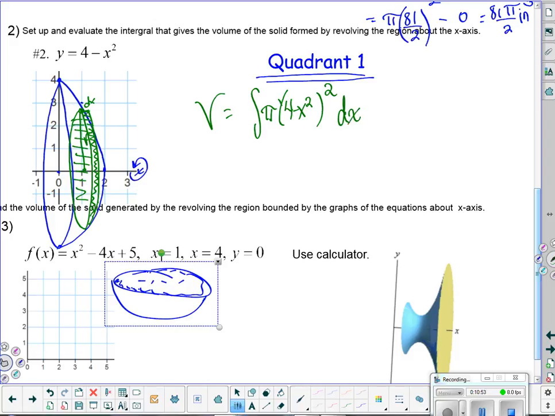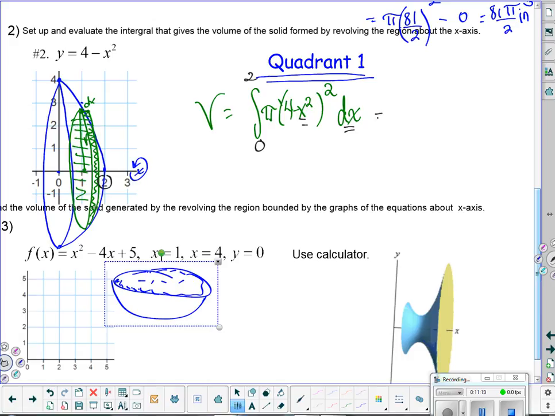If we have x's in our formula, what must the bounds correspond with? X's as well. So what do we want to integrate between? 0 and 2, right? It said quadrant 1, so we know we've got a vertical block at the y-axis, and then out to 2 where it intercepted the x-axis.